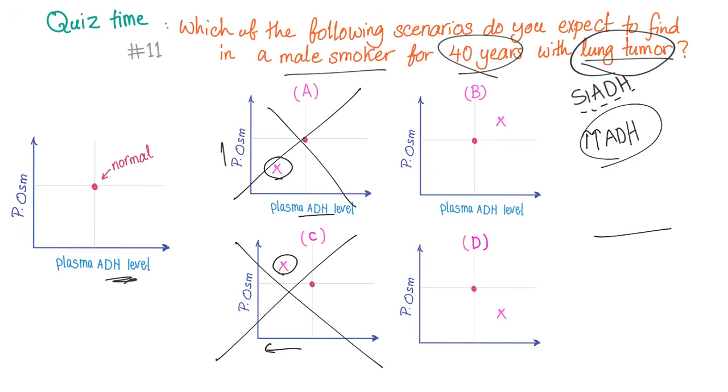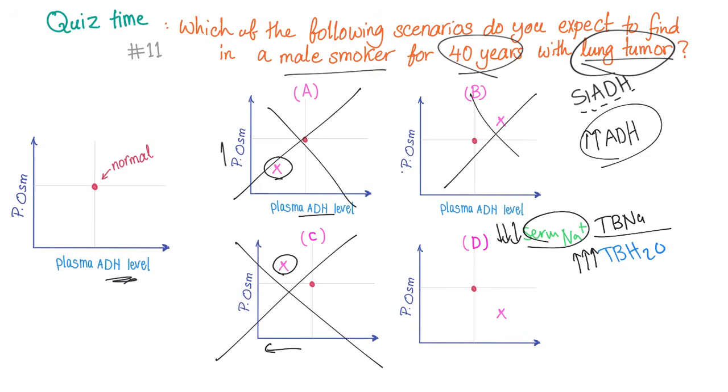If you remember your Silver equation, you have the total body sodium over the total body water, and they happen to equal the serum sodium concentration. Very cool. The increased ADH is going to cause water reabsorption, which will lead to decreased serum sodium concentration. Decreased serum sodium concentration is going to decrease the plasma osmolality. So B is not correct, D is correct. I have low plasma osmolality and I have high serum ADH level.